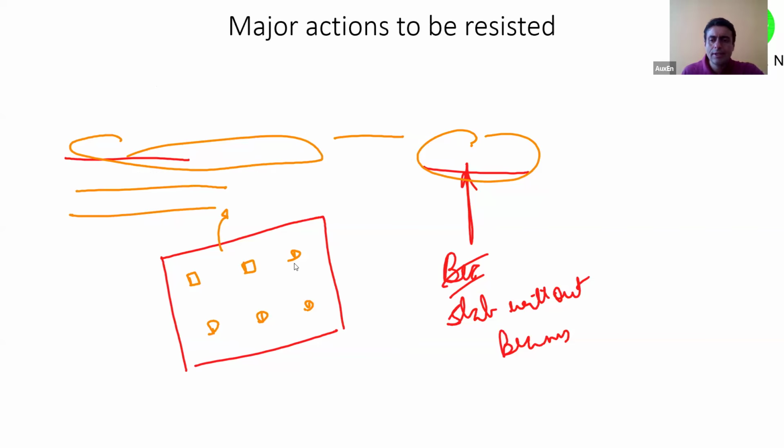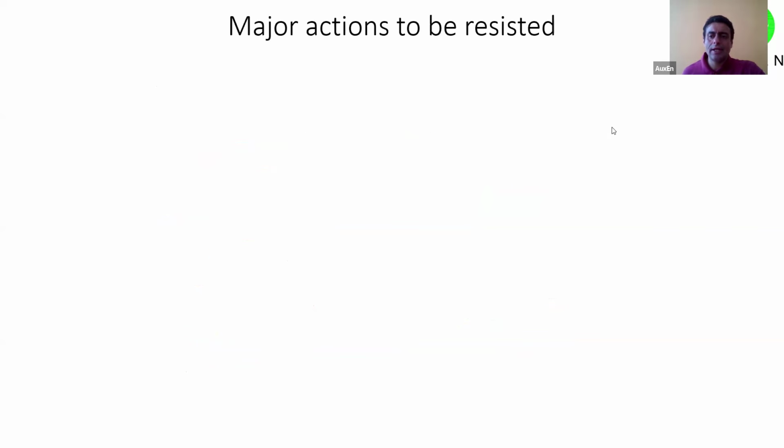Now let us understand that any element or any member, which are the design actions it has to resist? Yes, please.